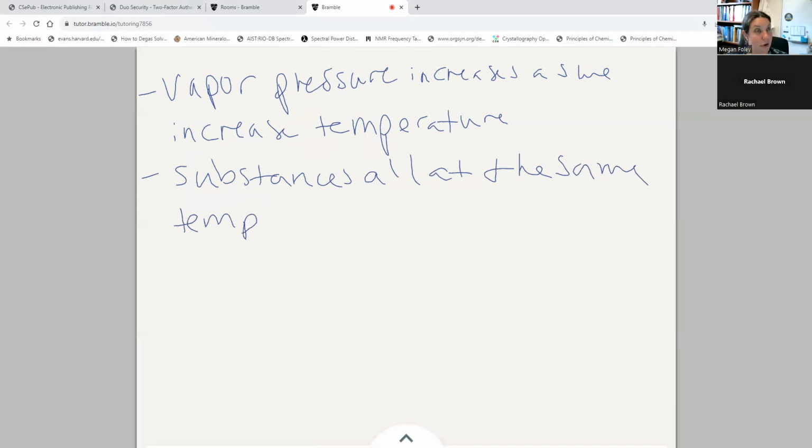Substances that have very strong intermolecular forces are going to be more likely to be in the liquid phase, because those intermolecular forces are going to hold those molecules in the liquid phase, and they're going to have very low vapor pressure. So strong intermolecular forces are going to lead to low vapor pressures.